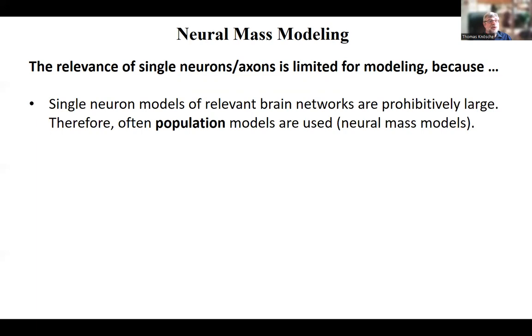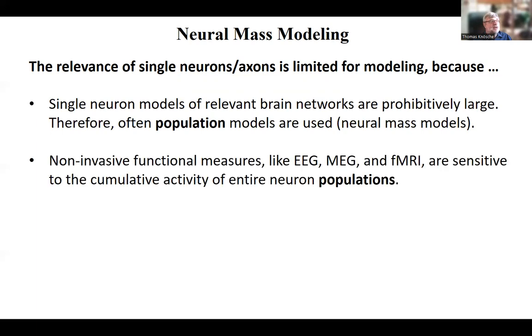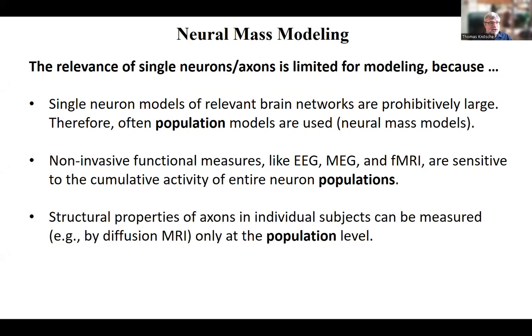So the networks become prohibitively large. Therefore, population models are often used, like neural mass models. But also the information available, both functional, like EEG, MEG, or fMRI, and structural, like, for example, the G ratio or the diameter, is only available at the population level.